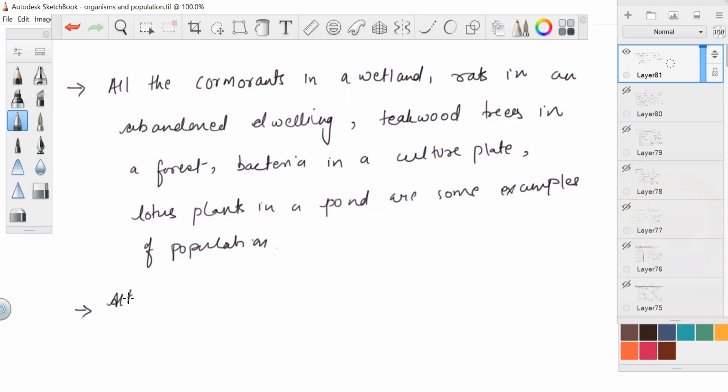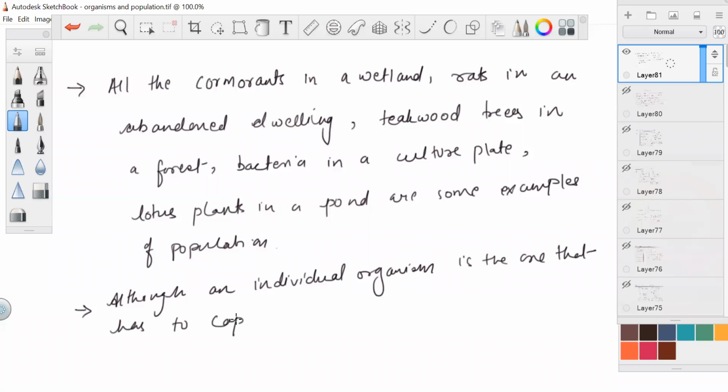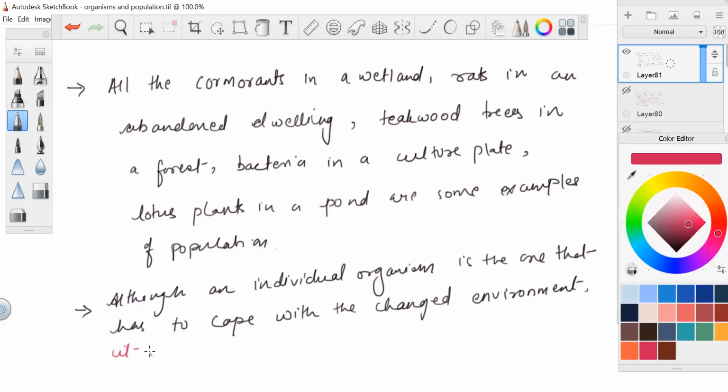So write another point: although an individual organism is the one that has to cope with the changed environment, it is at the population level that natural selection operates.